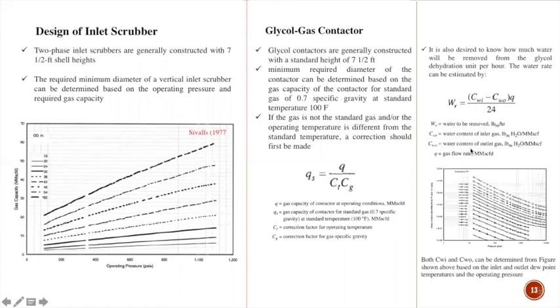The water content for the inlet gas can be calculated by the chart that we have seen by McKetta. In the hydrates lecture, we saw how we can calculate the water content. So we can find out the water content for the inlet gas, and also for the outlet gas based on the operating pressure and temperature. So these two values can be calculated, and the water to be removed can be calculated. We'll do one numerical based on this, right?